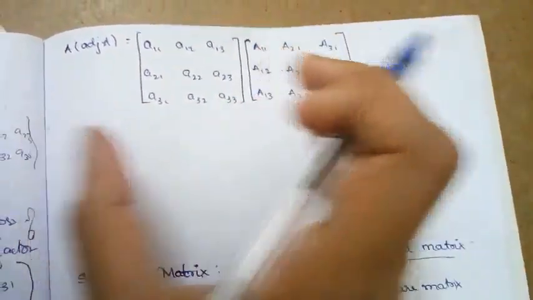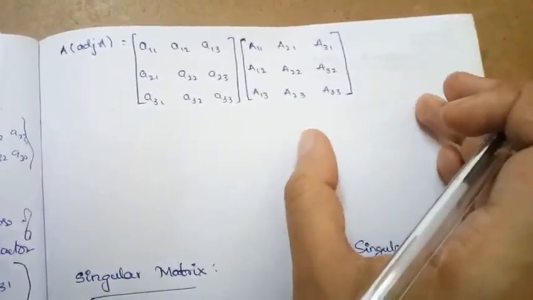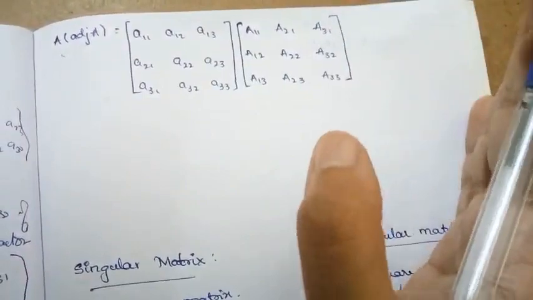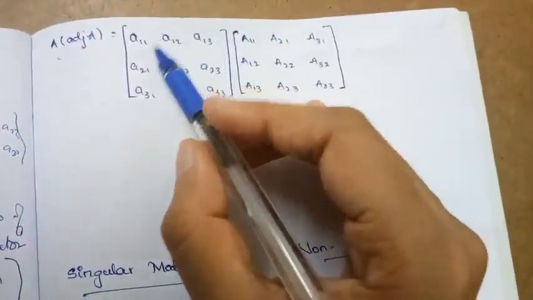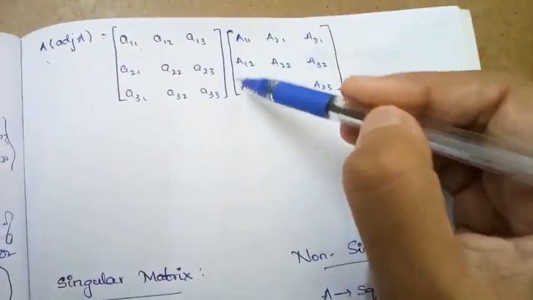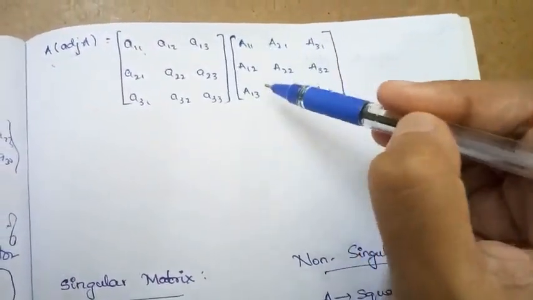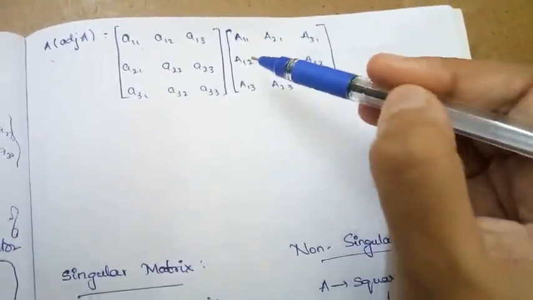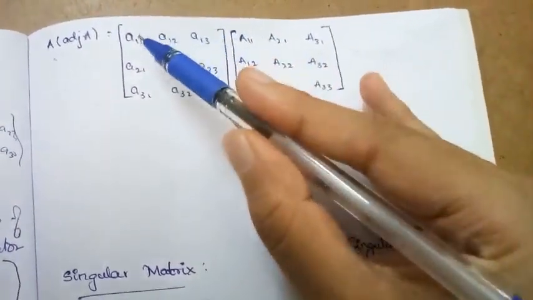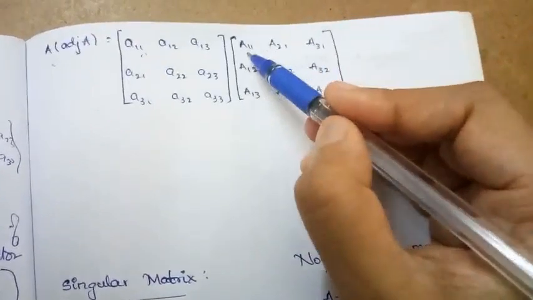Here it finishes the first row elements of the product matrix. So in this manner we are going to proceed. First observe here, this is the first row elements and these are the cofactors of the first row elements.